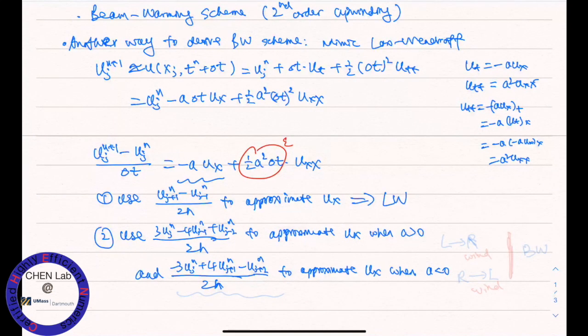That's the essence of upwinding. Depending on the sign of a, when a is larger than 0, the wind is blowing from left to right, so you use 2 points on the left.